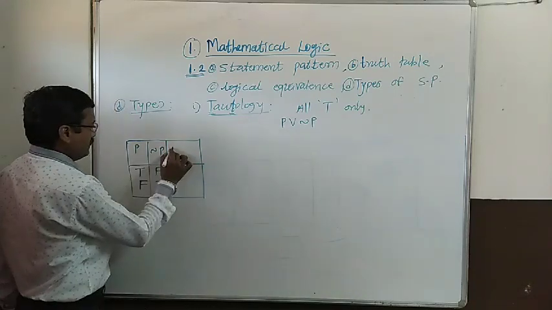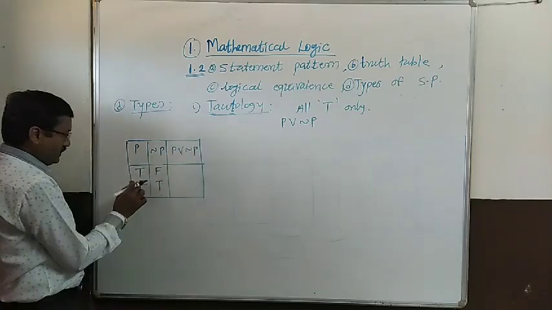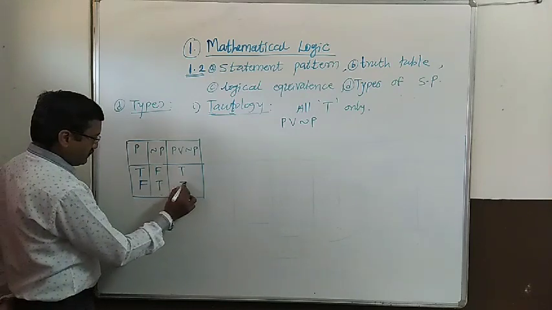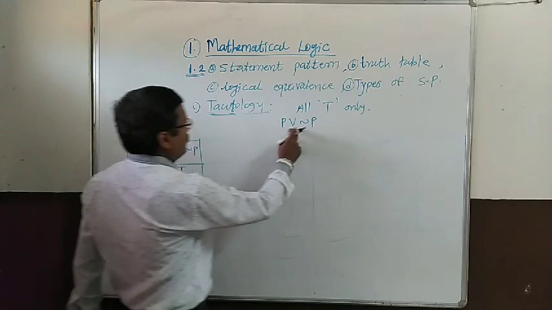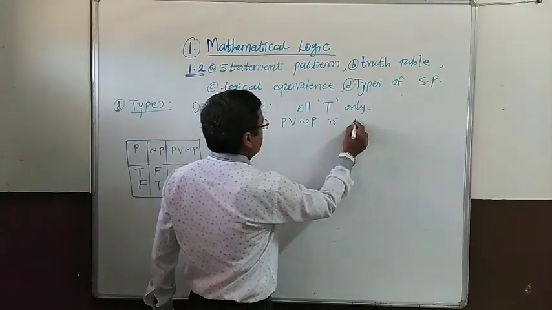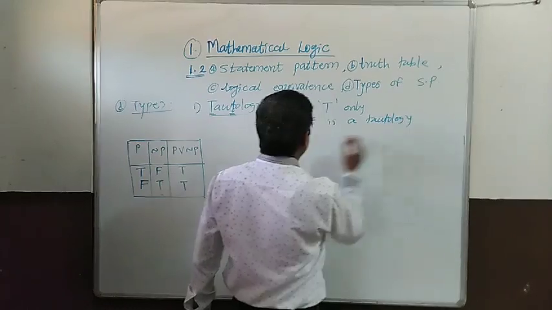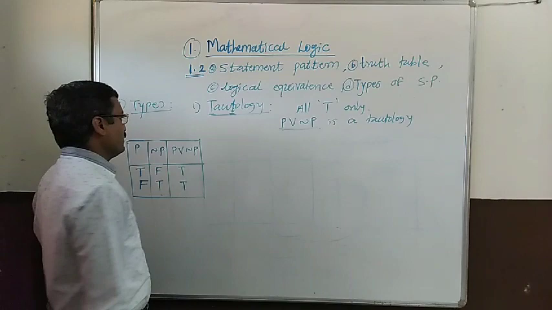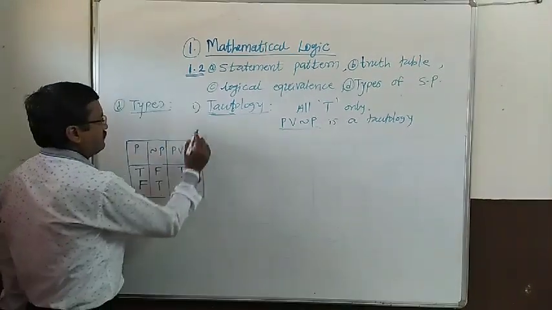So let us take the disjunction of these two. Disjunction means we will find the T. One is T, so it is T. Here F, T, so it is T. So both the truth values are T. So p or negation p is a tautology. Remember this because it will be useful in our further simplifications.